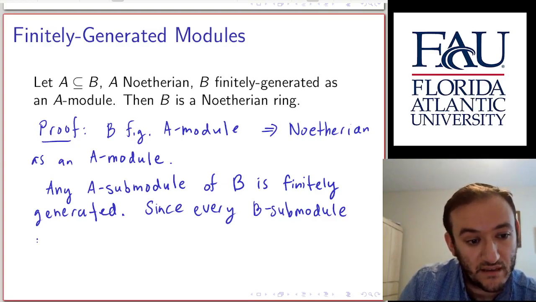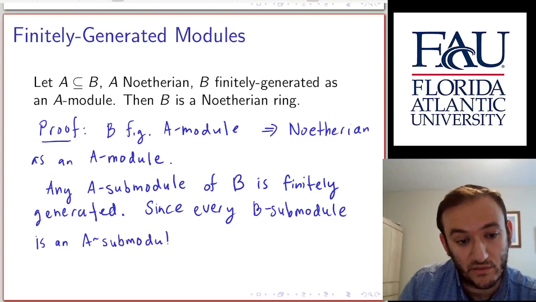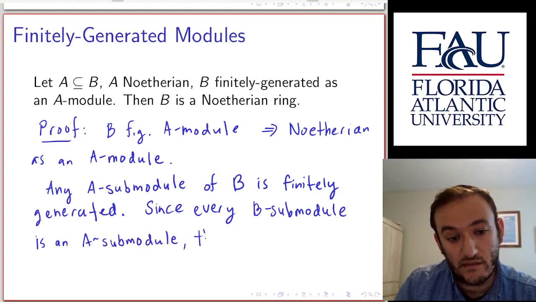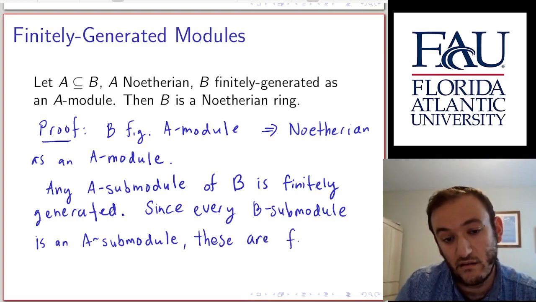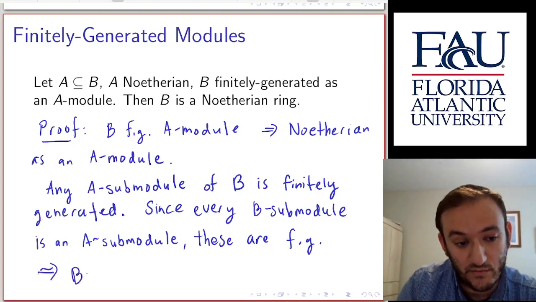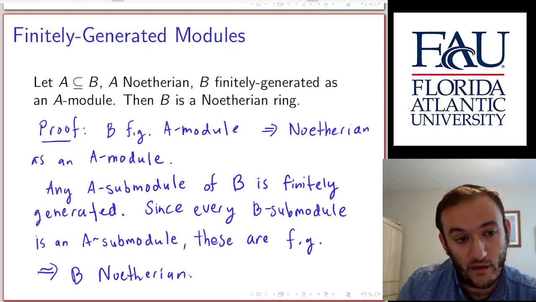So since every B submodule is an A submodule, since if I'm preserved by multiplication by B, I'm certainly closed under multiplication by A, these are finitely generated, implying that B is Noetherian as a B module, which means it's a Noetherian ring. Okay.